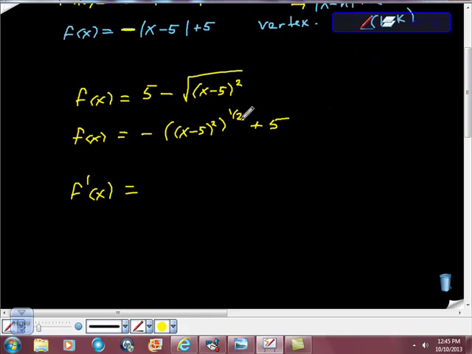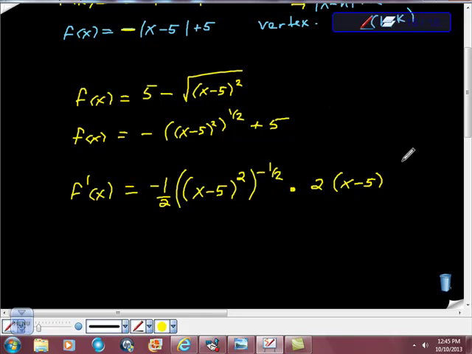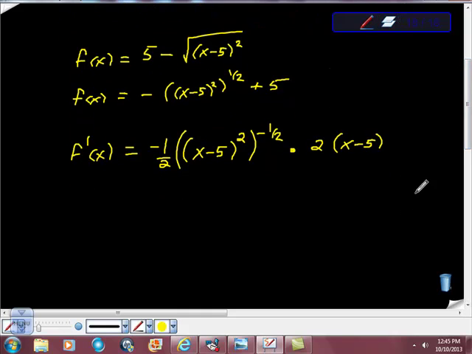I'm going to multiply 1/2 times negative 1 in this case and get negative 1/2, times (x minus 5) squared to the negative 1/2 power, times the derivative of the inside, and the derivative of the inside is 2 times (x minus 5) to the first power. The derivative of that inside piece is 1, but it doesn't affect us, so we can stop. We don't have to use that chain rule that many times.